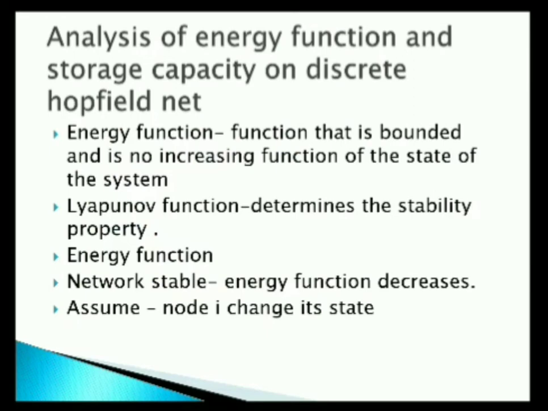Analysis of the energy function and storage capacity of the discrete Hopfield net. The energy function is bounded and is a non-increasing function of the state of the system. This function determines the stability property. The network is stable when the energy function decreases. Assume that node i changes its state.